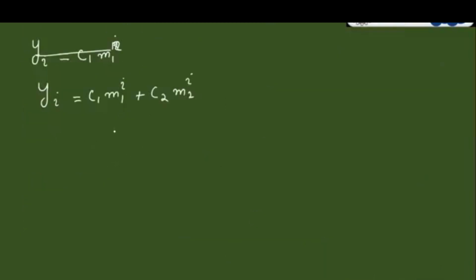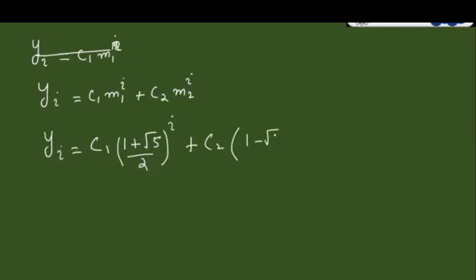It does not matter which one you call m1 and which m2, the solution is the same. So we write c1 times 1 plus root 5 upon 2, whole power i, plus c2 times 1 minus root 5 upon 2, power i.